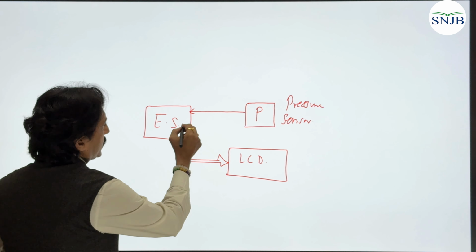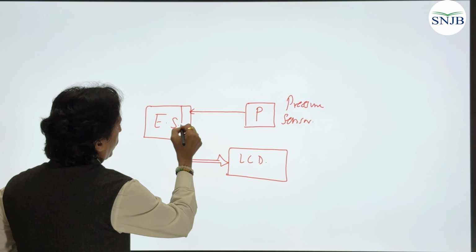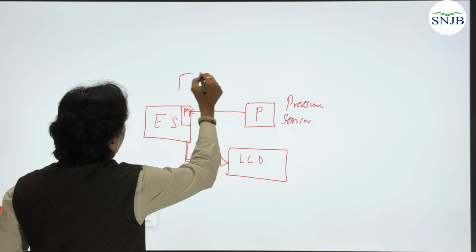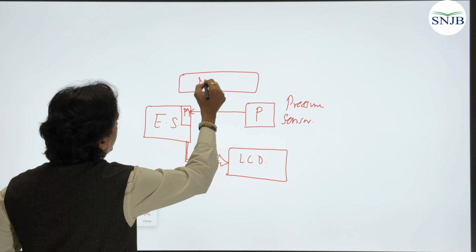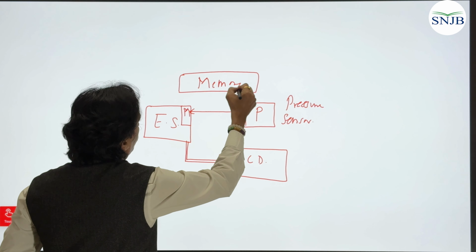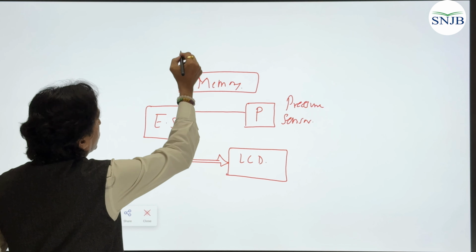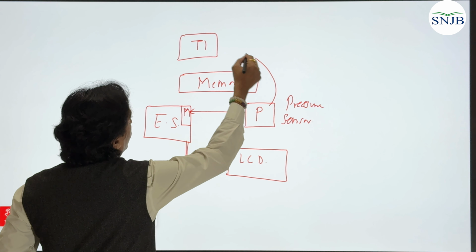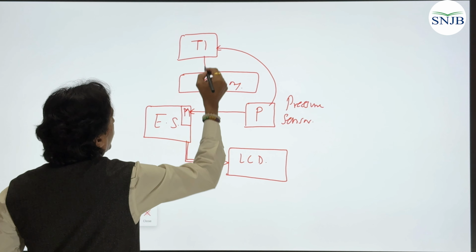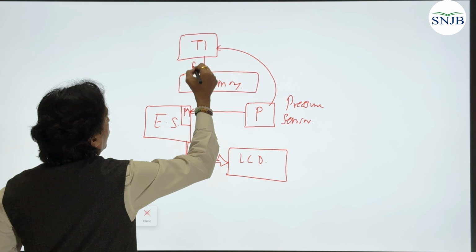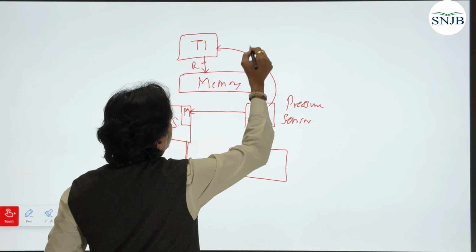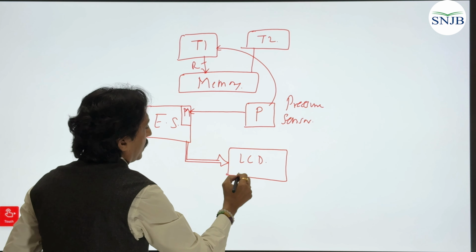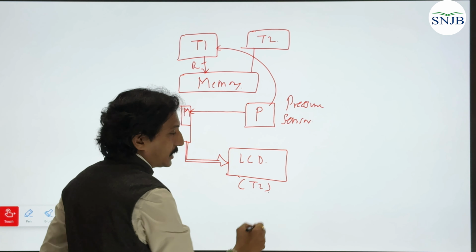So here the embedded system is utilizing the memory. For example, this memory is going to be utilized by two tasks. One task is responsible for reading the pressure, and the second task is responsible for displaying it on the LCD.